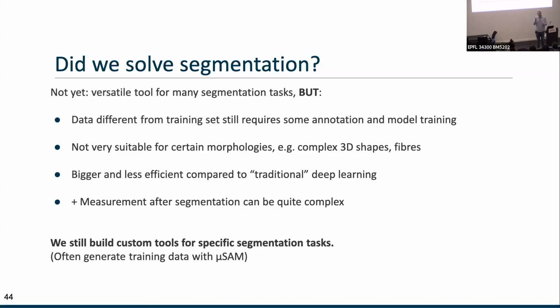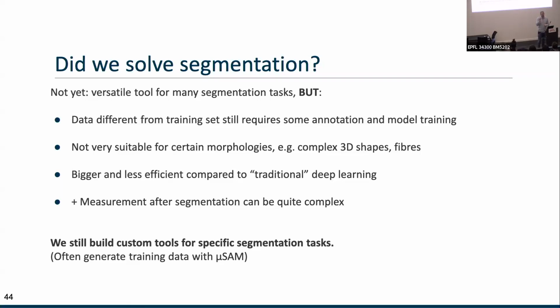So in practice, right, it often works out of the box, but as soon as you get data that's not really represented in the training set, some very more exotic microscopy setting, for example, the model will not really work well. Sort of by design, it's not really suitable for certain morphologies, right? So complex fibrous shapes are difficult for these models.